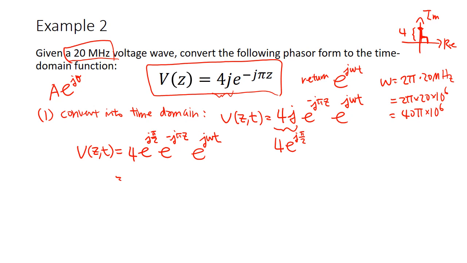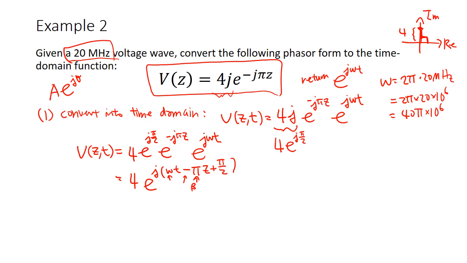And since we can add exponents, we can combine all of this into one glorious exponential of e to the j omega t minus pi z, I'm switching the order a bit, plus pi half. So as we haven't really changed the symbols, we know that this is omega. This is our beta.